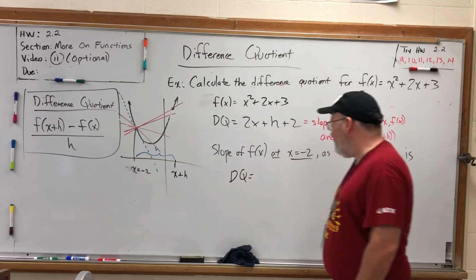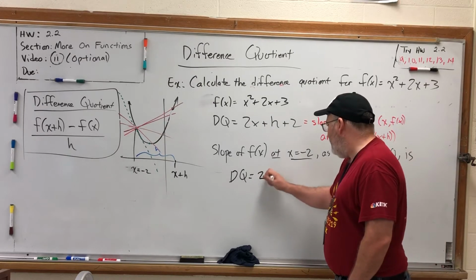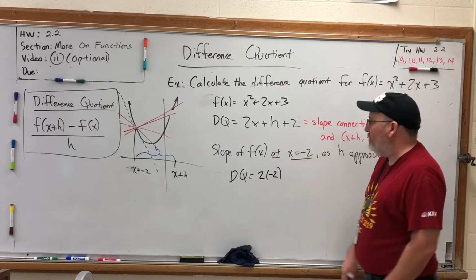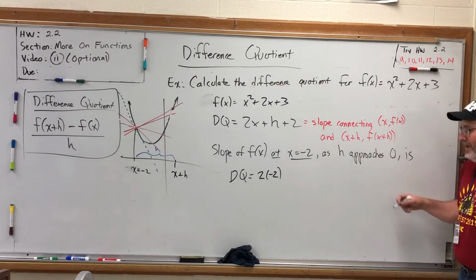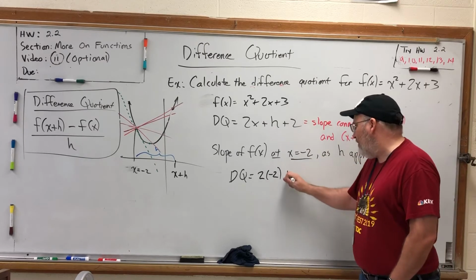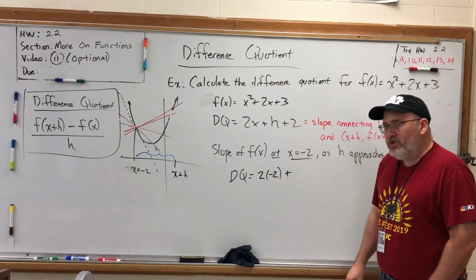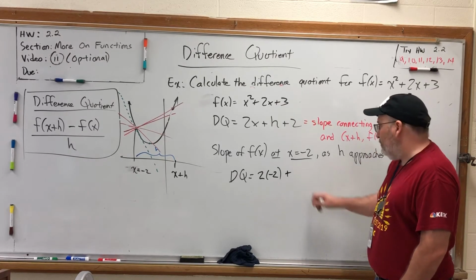Now I'm going to break the rules a little bit. I'm actually going to put in 0 for the h, and I'm going to put in -2 for the x. The -2 for the x is okay, but this is where the calculus gets persnickety. The h is approaching 0. That doesn't mean I can substitute 0 for the h, but there are conditions under which you can, and this particular function happens to satisfy that particular condition.